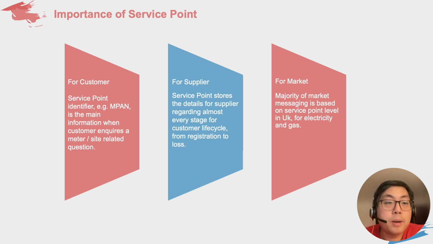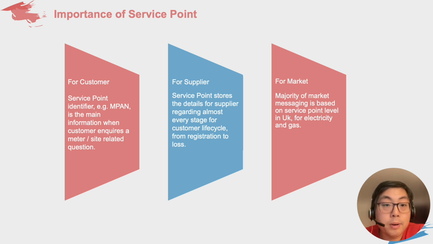So first, from a customer perspective, a service point identifier, normally in the UK we call it MPAN for electricity, is the main information when a customer queries a meter related question. So you will see your MPAN number on the bill.